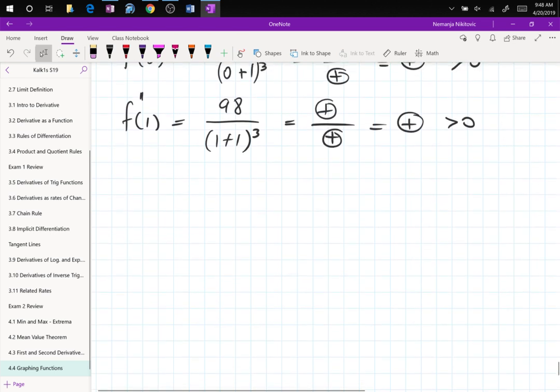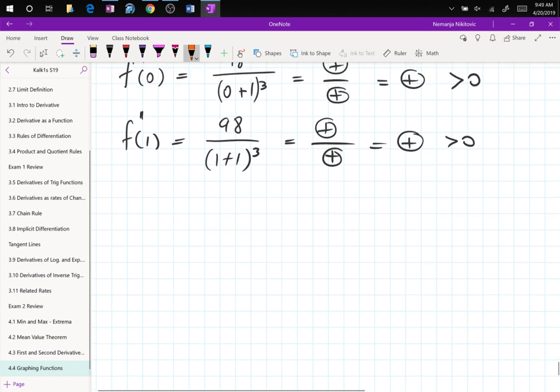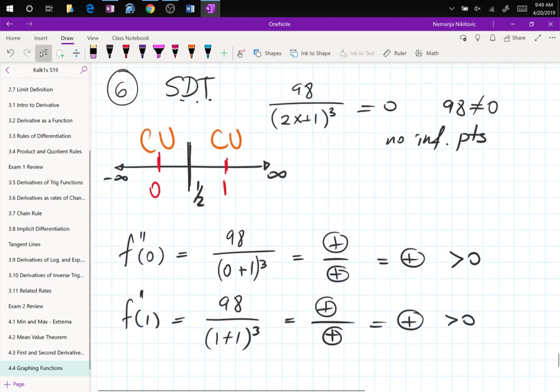Let's graph. How is it concave up? I don't like it. You can't have min and max both be concave up. Something is terribly wrong.